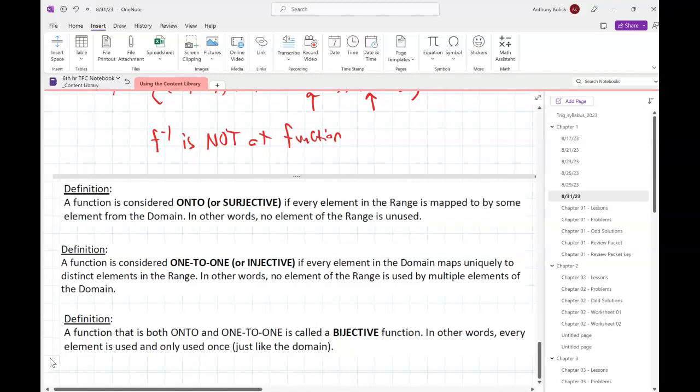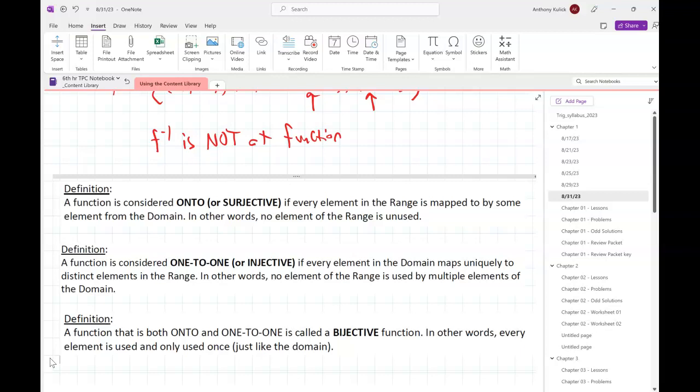Okay. So we say a function is considered onto if every element in the range is mapped to by some element from the domain. In other words, no element of the range is left unused. A function is considered one-to-one if every element in the domain maps uniquely to distinct elements in the range.